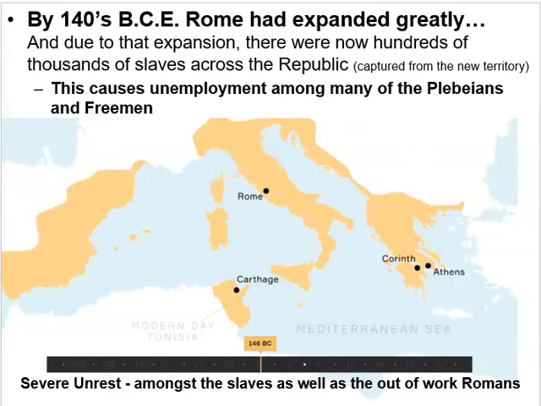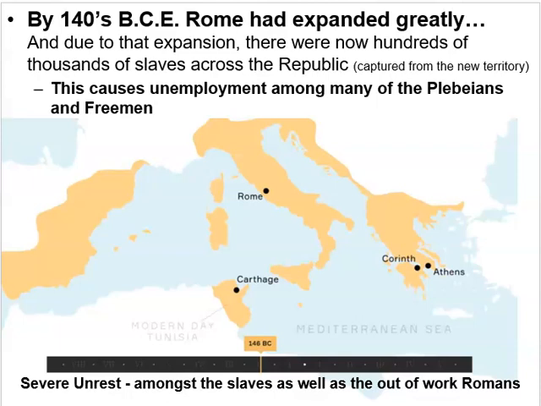Due to all of this expansion, there is tons of new territory. With that new territory, we end up having tons of new people brought into the Republic. Many of these people, when a new area is conquered, are made slaves originally. Sometimes they're able to buy themselves out of slavery, sometimes not.